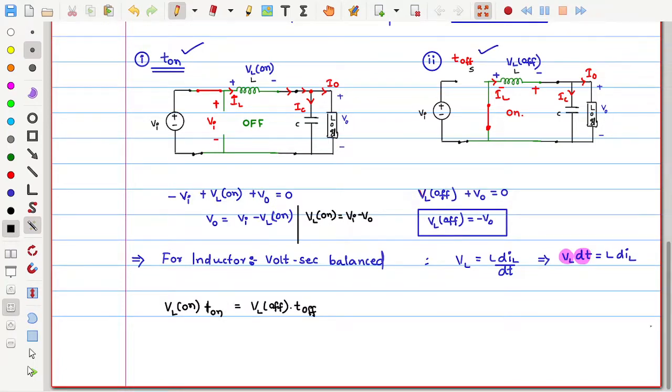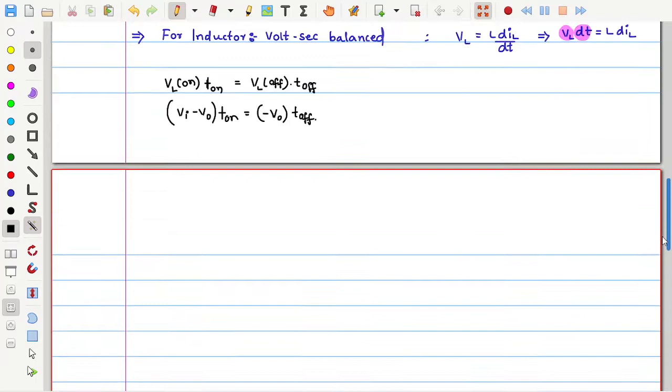Now let us substitute these things. We will get an interesting result: Vi minus V0 into T on is equal to V off, that is minus V0, into T off. Let us simplify this and get how much the output voltage will be.